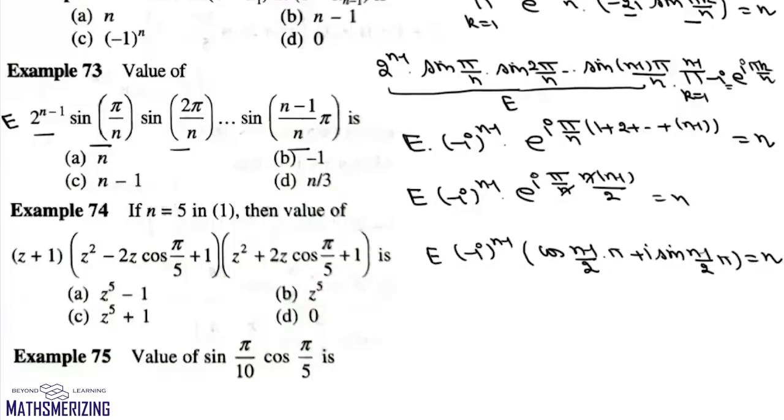Now we'll take 4 cases. Case 1, when n is of the form 4k.